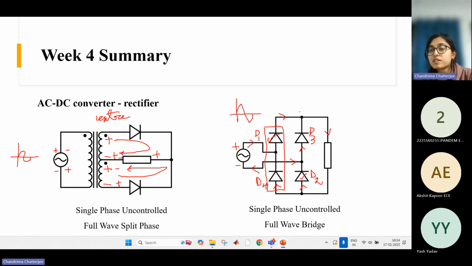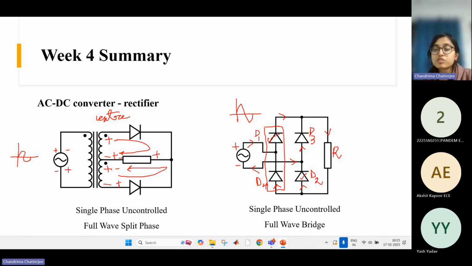There will be a source, there will be a load, and some power will be transferred from the source side to the load side. And load can be anything. Load can be whatever you see in your daily life, there are various electrical loads, right? Most of the time for our basic preliminary analysis, we assume an R load.